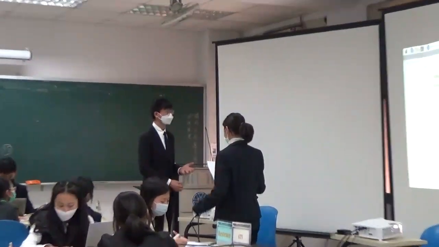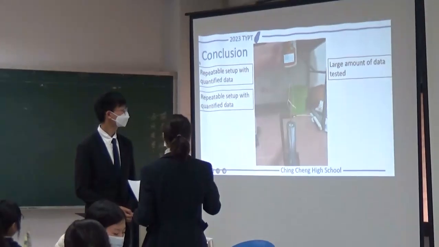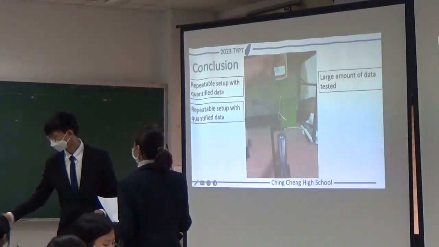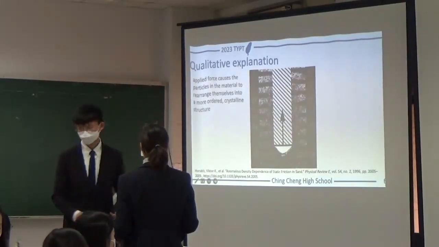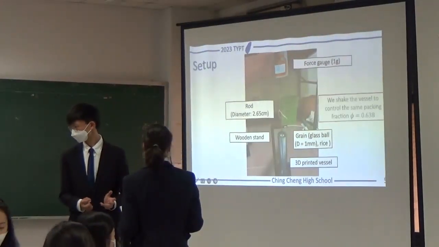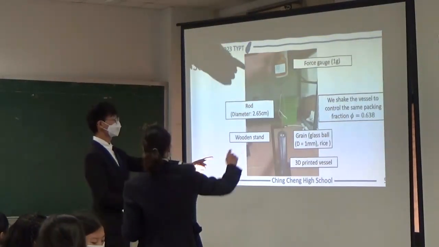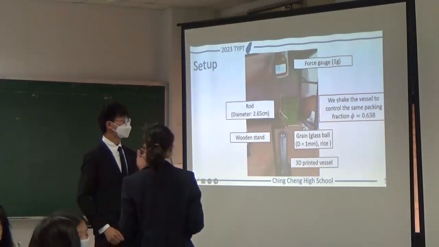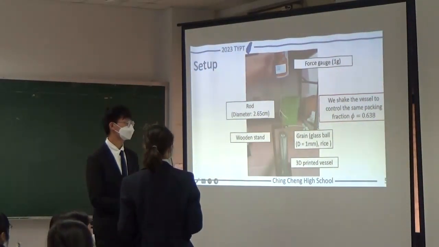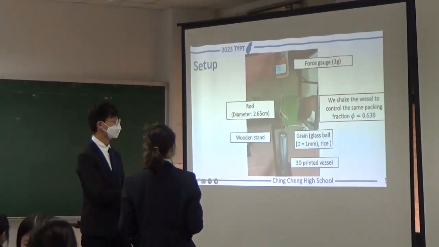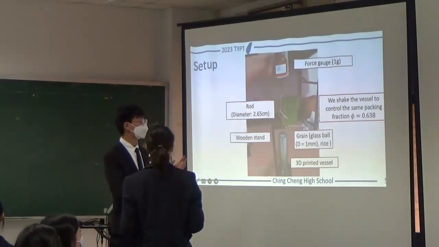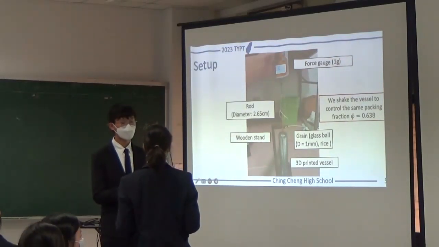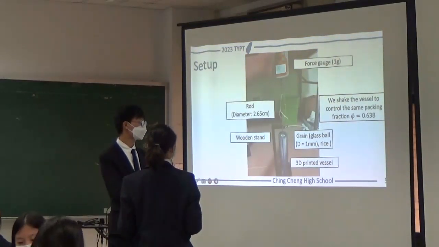You think about the setup? Yes, because you said you shake the vessel and this can give the same coefficient, right? Here. Why we shake the vessel is to get the same packing fraction. And the packing fraction, as I just mentioned, means the granular material volume over the vessel volume.